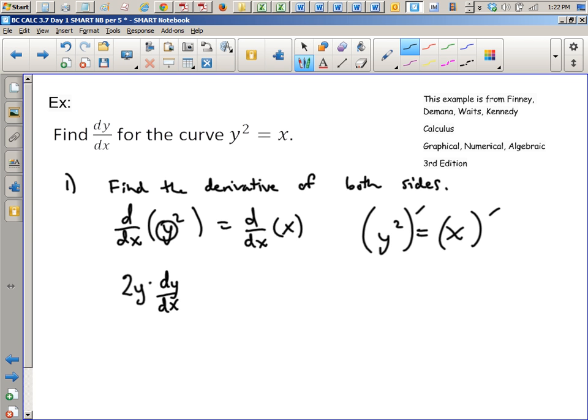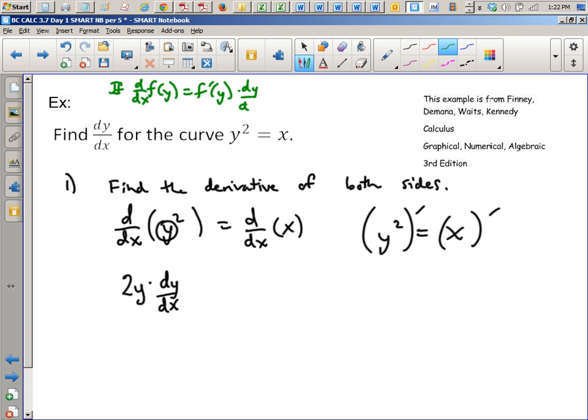If I take the derivative of x squared, we all know it's 2x, but if I take the derivative of y squared, it's going to be 2y times the derivative of y. That's the chain rule in effect. You have to follow the chain rule. So I'm just going to make a little note at the top of the board here. If you're doing d dx of f of y, you have to do f prime of y times dy dx.